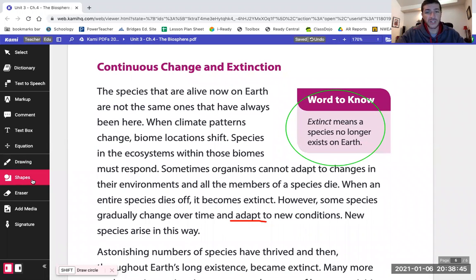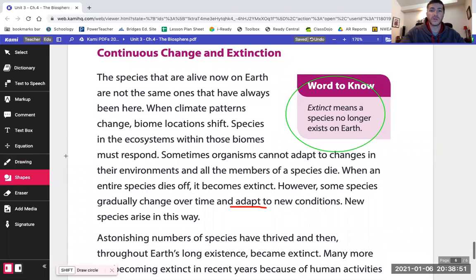When climate changes patterns, biome location shifts, species in the ecosystem within those must respond. Some organisms cannot adapt to changes in these environments, and all the members of those species, well, they die. When an entire species dies off, it becomes extinct. However, some species gradually change over time, and this one's a key word, and they adapt to new conditions. New species arise in this way.